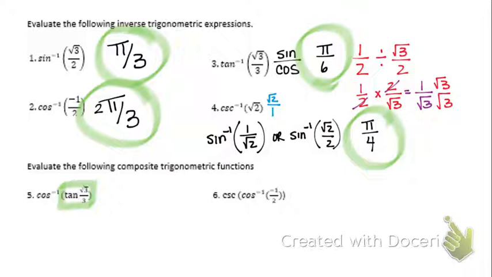So the inverse tangent of root 3 over 3 is pi over 6. So this is how this should have been written. So let's go ahead and fix this. Go ahead and rewrite that question at the bottom.